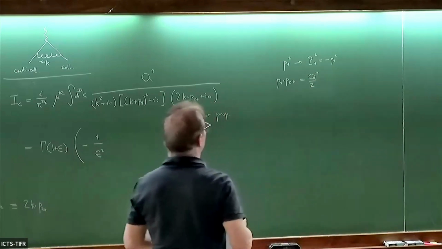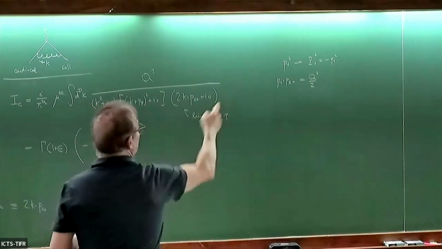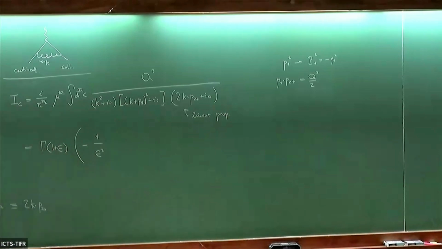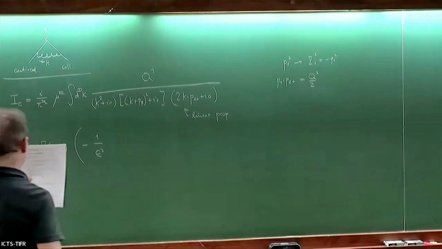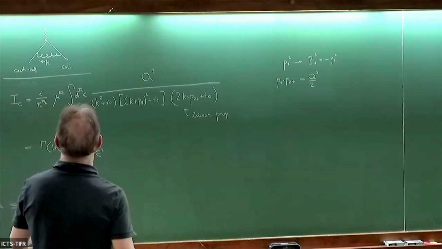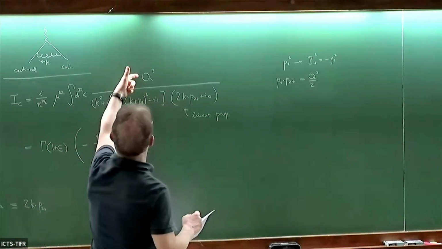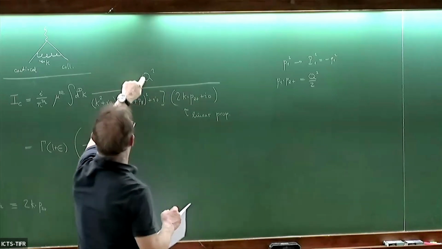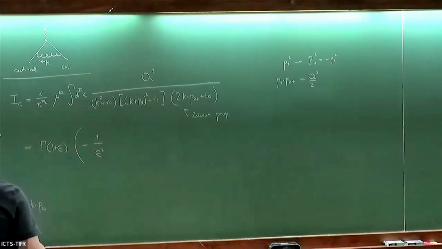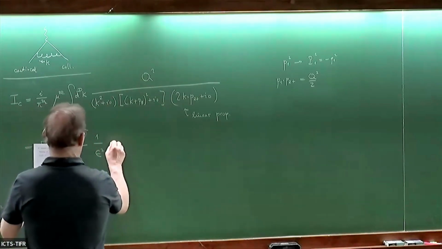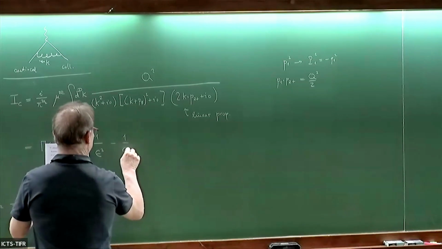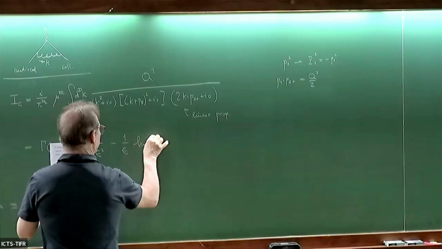So in the end, this loop integral can depend on q and p1 squared. But actually, what you find is that the dependence on q is trivial. It is simply a factor 1 over q squared, which cancels this q squared in the numerator. And then this integral depends solely on p1 squared.